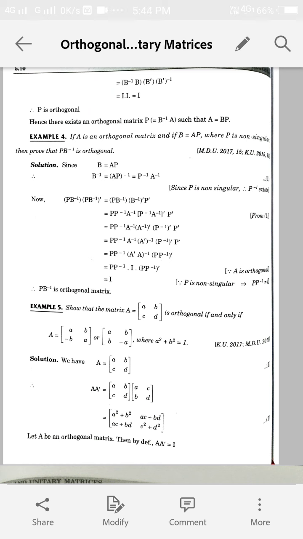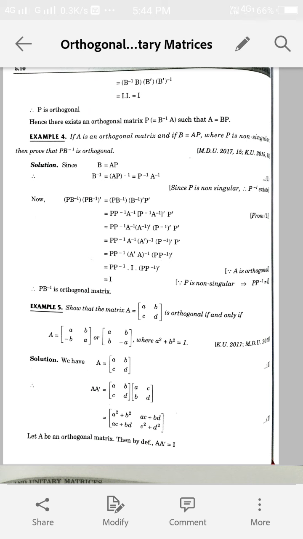Now put the value of B inverse as P inverse into A inverse. So again apply the formula of transpose, and now again regroup some terms and use the result that A is orthogonal. So we can write A transpose into A as identity and P into P inverse again also as identity.